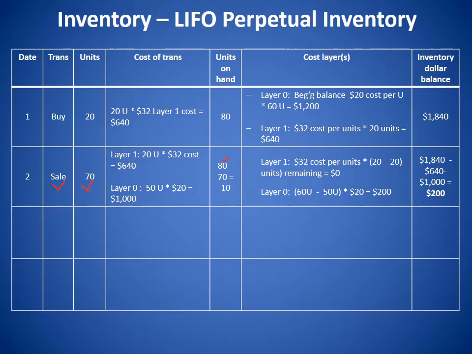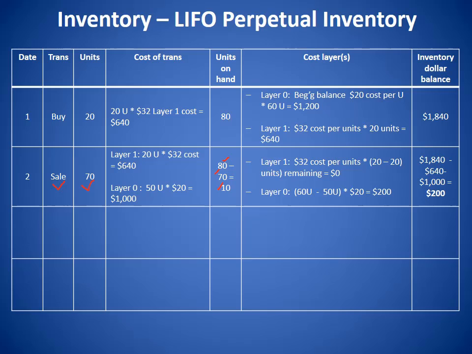We sold 70, and now we have 10 items left. The question is that we're working on a LIFO inventory basis in a perpetual inventory, so how do we value this transaction? Because the cost of the transaction could come from one layer or another, or a combination of the layers. Well, we're using the LIFO rules in this case.